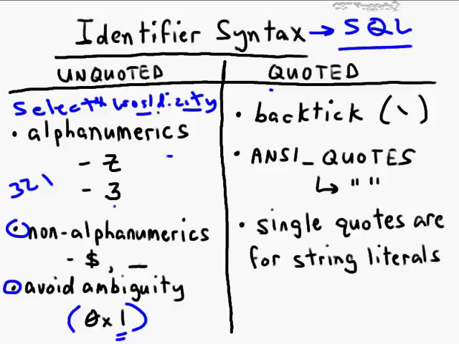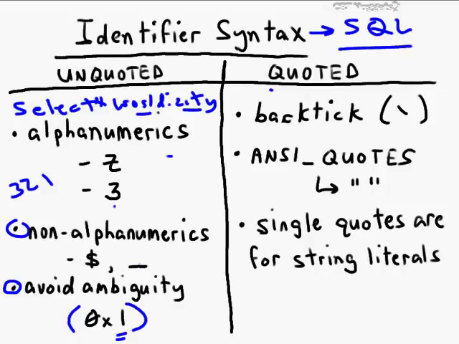So as a database designer, you want to be careful how you're using your object names and your identifiers so that they don't collide with other usages that your users and your fellow DBAs and database administrators might use. Now then, let's look at the other side of the equation.